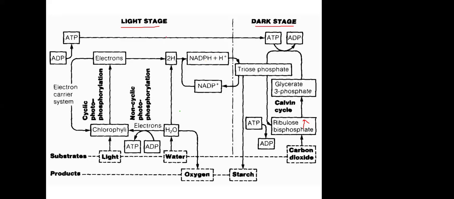Yes, Brian? Teacher, I think RuBP will only be high when GP is low, that's when there is no light. So there is an introduction of reduced NADP and the ATP to combine with... Yes, when there is no light.